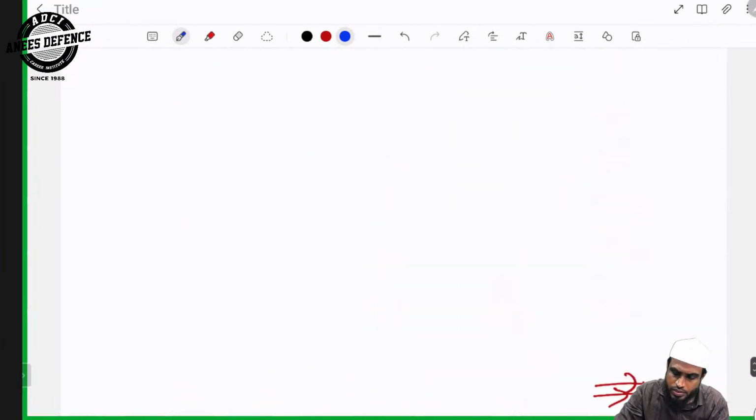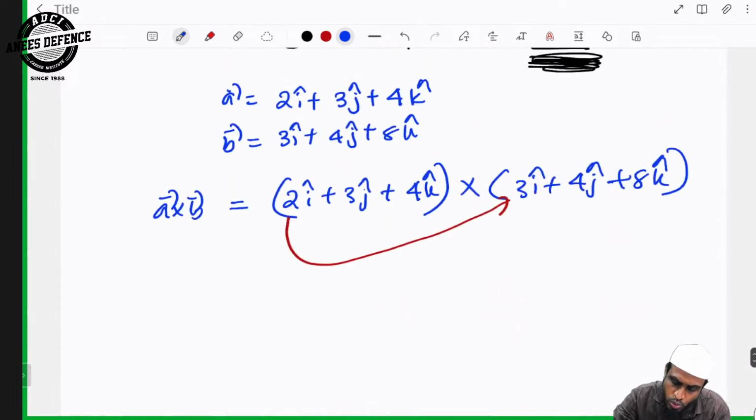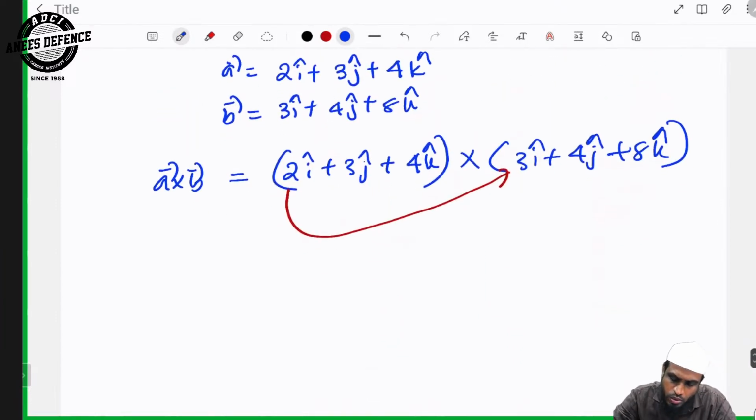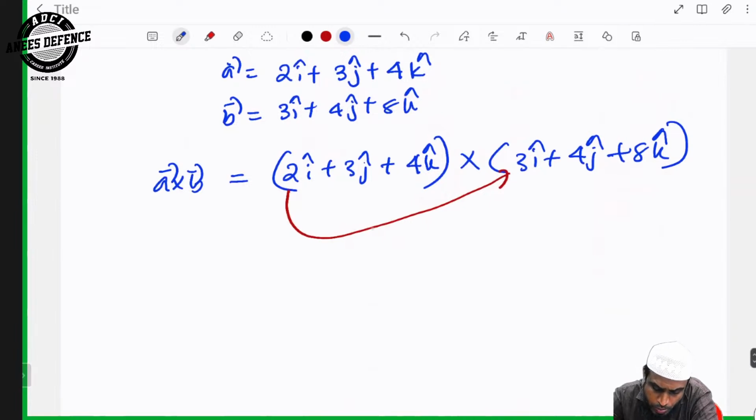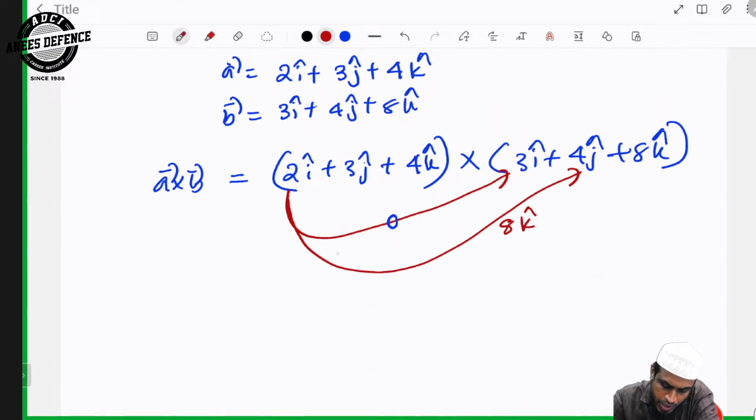So here you can write like this: 2i cross 3i. I cross I is 0, so this will be 0. Next one, 2i cross 4j. I cross j is k, so 2 into 4, 8k cap. Then 2i cross 8k.